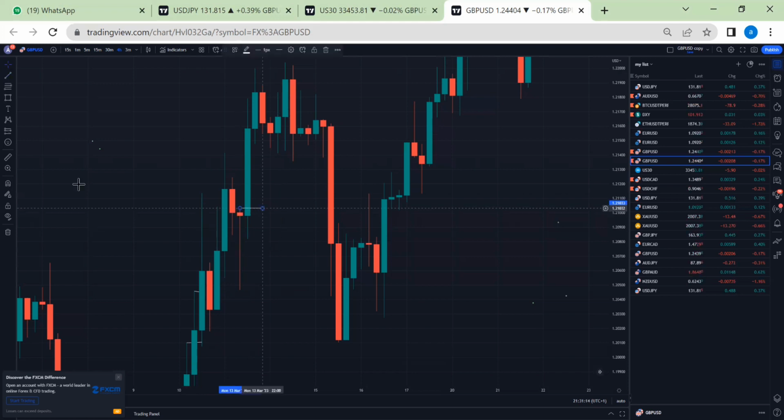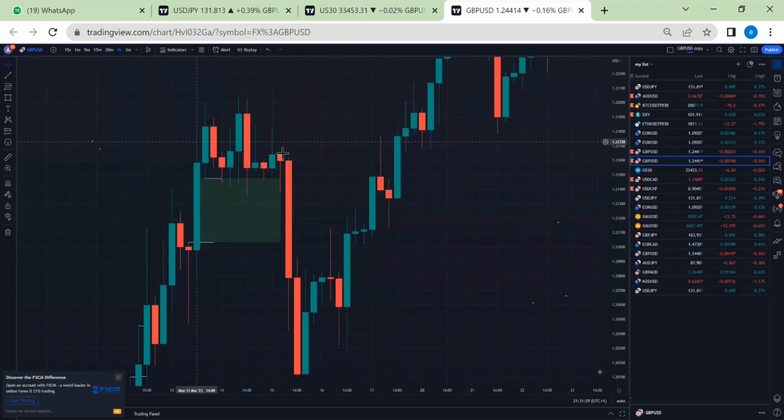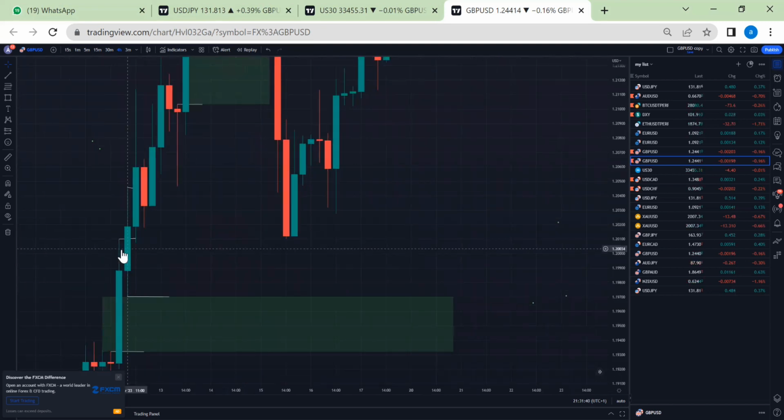From here to here, all this place, there's no selling activity here. So we expect price to come back and fill the spot up, and that's what price did here, filled it up, but it did not fill this price.